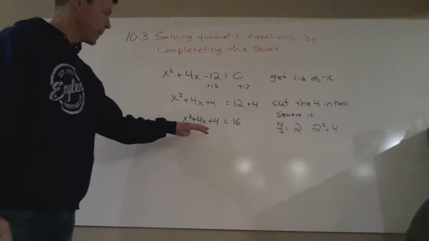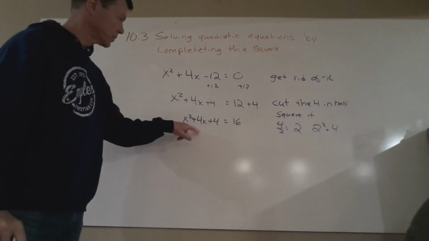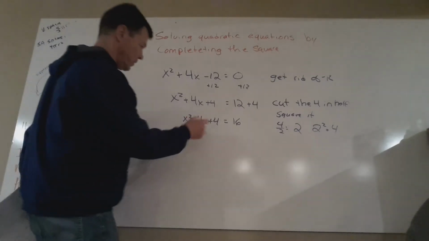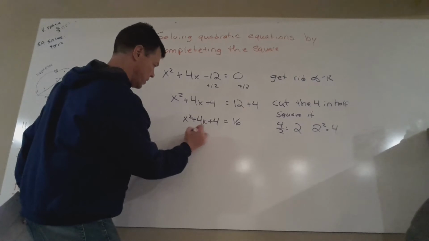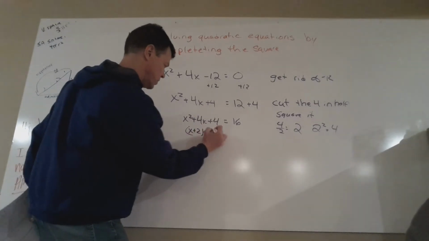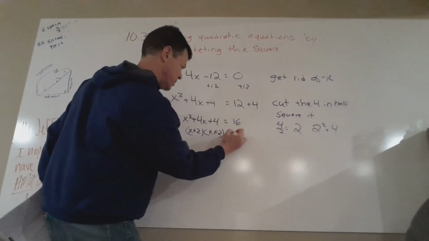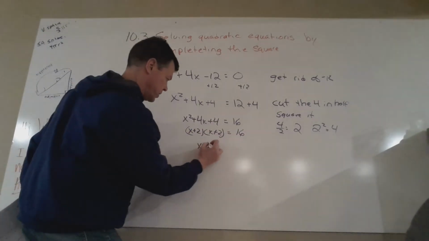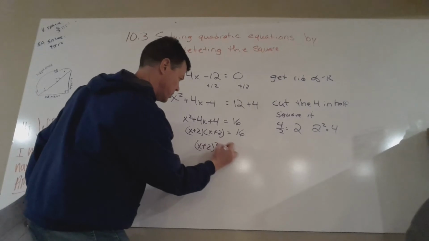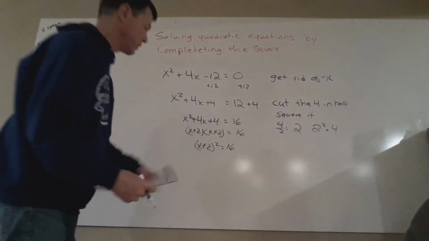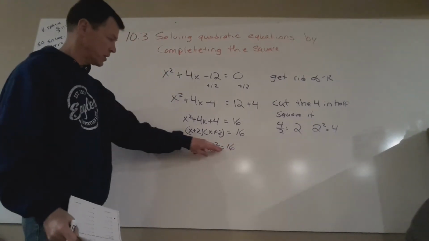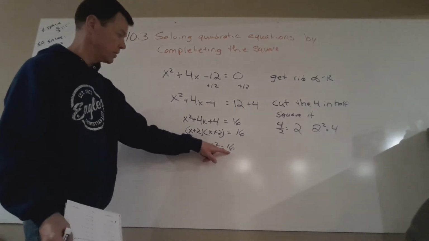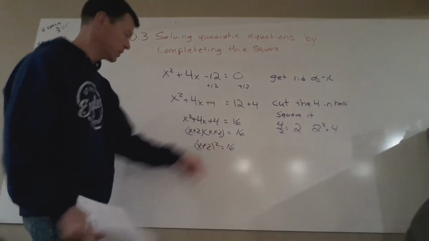All right, we have a perfect square here. So let's factor this. You have x plus 2 squared equals 16. We have a squared situation, so take the square root of both sides, and 16 ironically works out to be a perfect square.